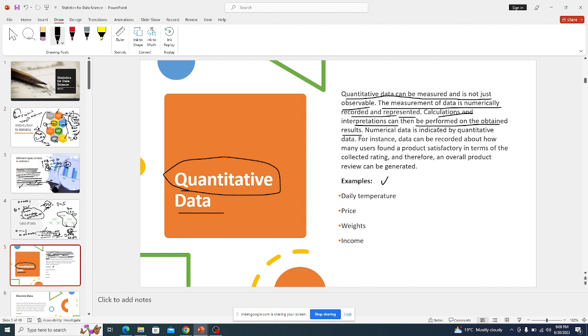This type of data is numerically recorded and represented. So numerical data is indicated by quantitative data. For instance, data can be recorded about how many users found a product satisfactory in terms of collected ratings. For example, we can know how many people rated 5 star, how many people rated 4 star.